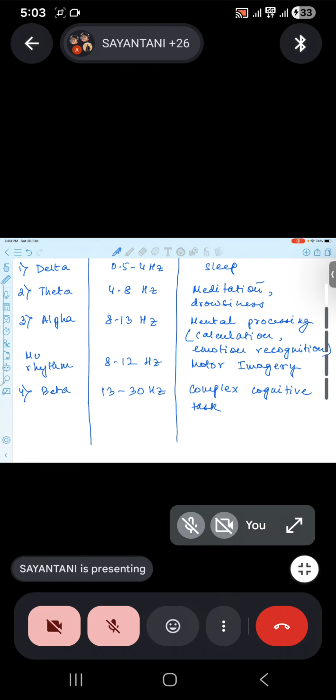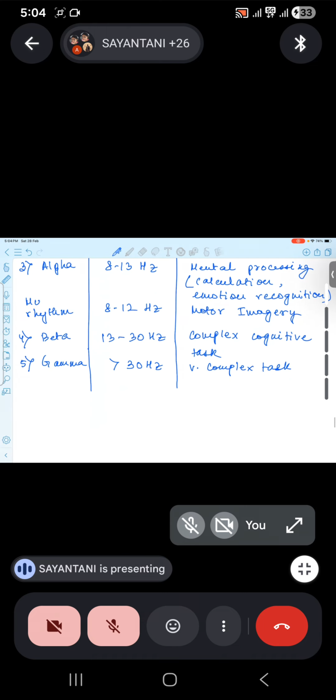Okay. And the final one is gamma. So the gamma band is greater than 30 Hertz. So this happens during a very complex task. Very complex in the sense you are thinking as well as there is some amount of movement.